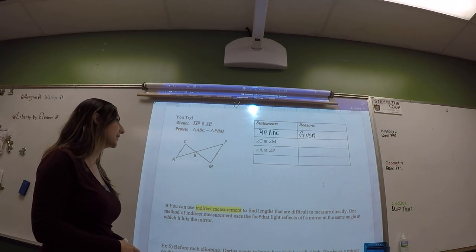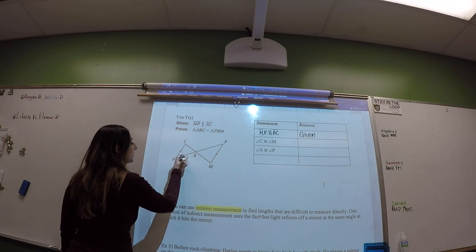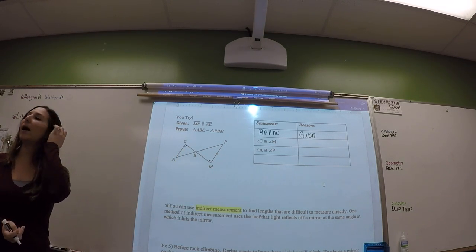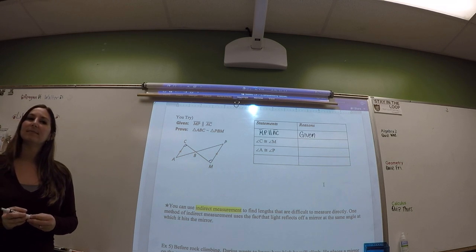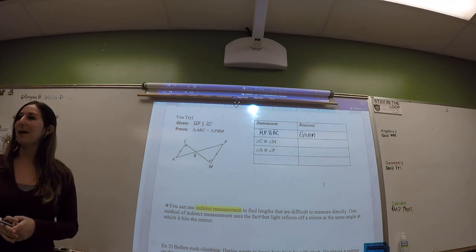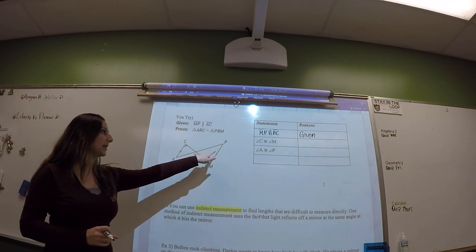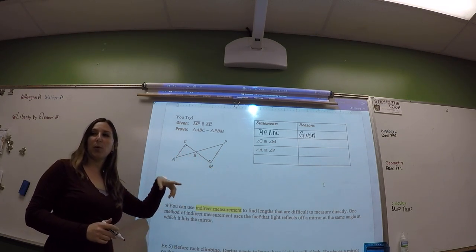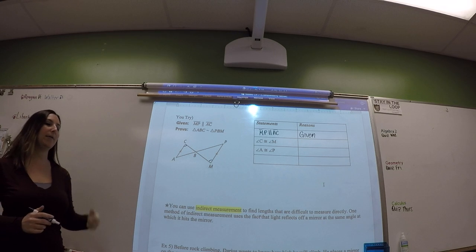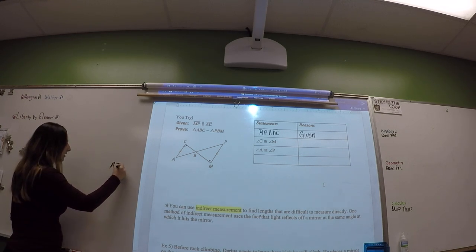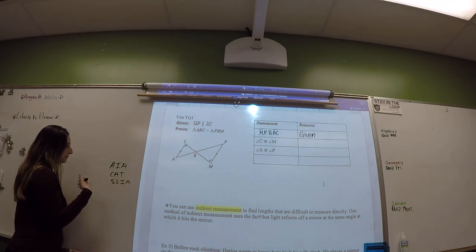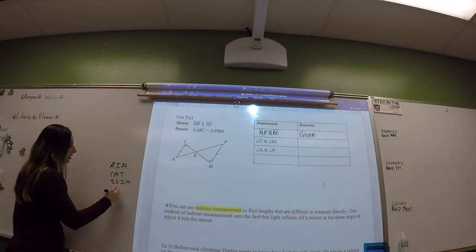Okay, so the first one's the given. It says C is congruent to M. Does anyone know why? Alternate interior angle theorem. Yes, that is correct. What do these little marks mean? Parallel. So remember, if lines are parallel, we're looking at either alternate interior angles, corresponding angles, same side interior angles, or alternate exterior angles.